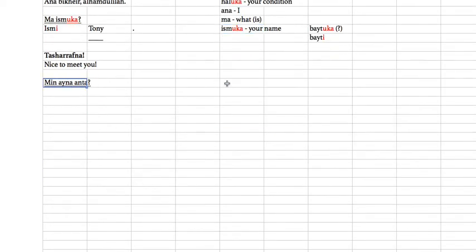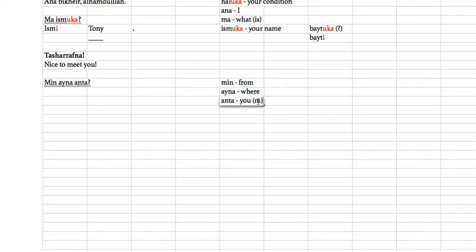Okay. Min aina anta. Min means from. Aina means where. So again, just breaking these things down. From where you. Anta means you, and that's speaking to a male.